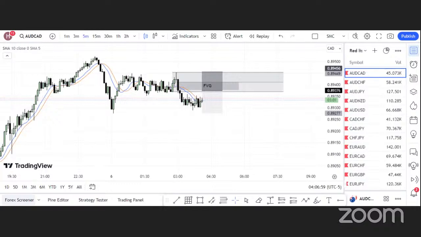Just a few more seconds to the end of that candle.